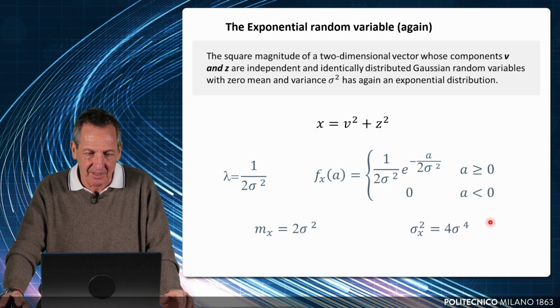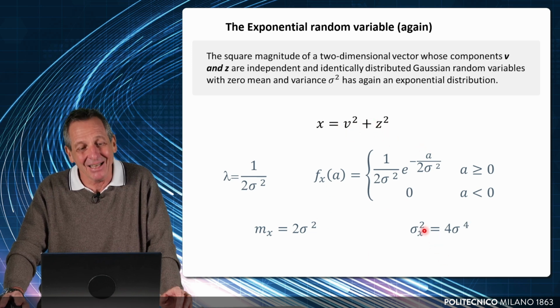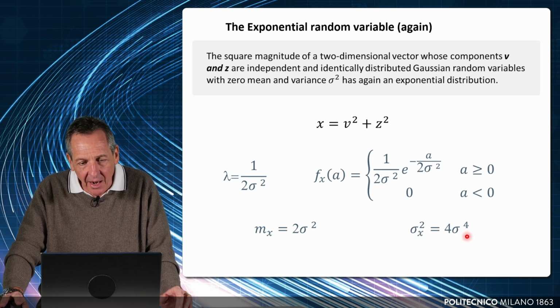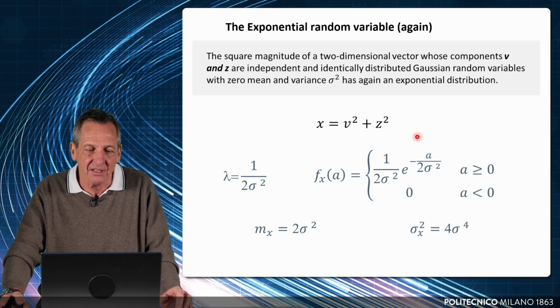The shape is again the same as the exponential here. The mean value is 2 times the variance of the two variables v and z, and the variance of x is 4 times the square of the variance of v and z.